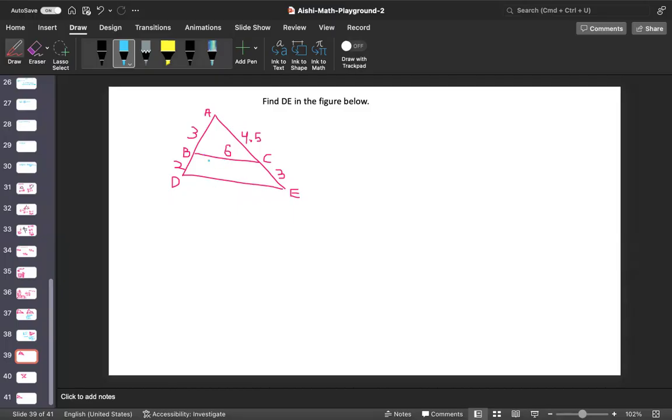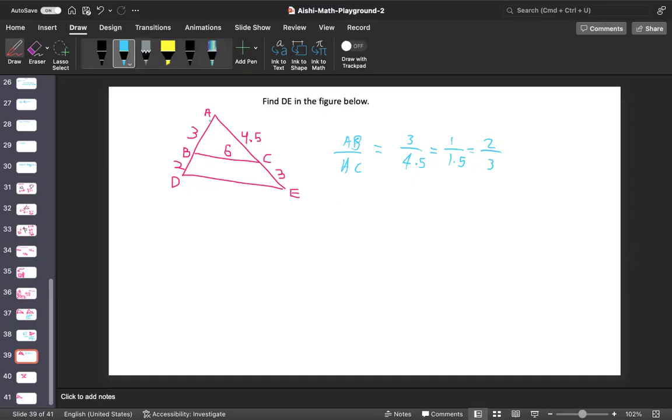So if we start with AB by AC, we have AB by AC is equal to 3 by 4.5, which is also 1 by 1.5, which instead of using a decimal, we can write as 2 by 3.